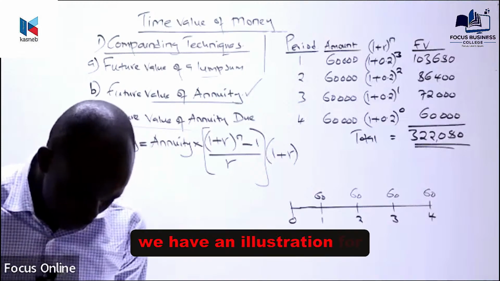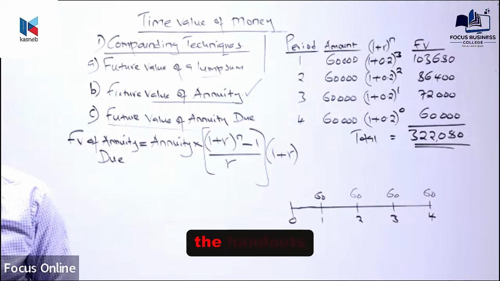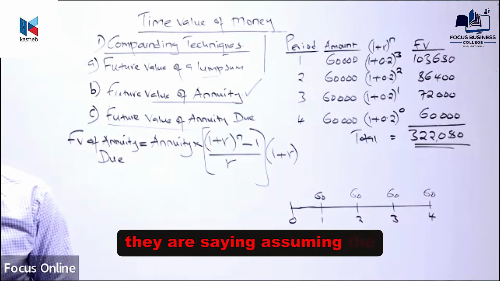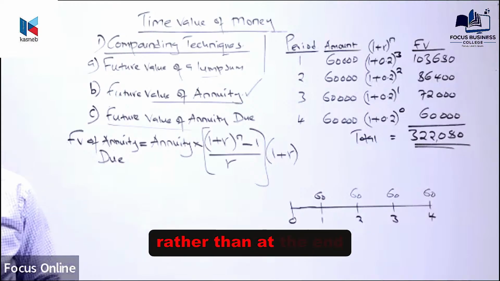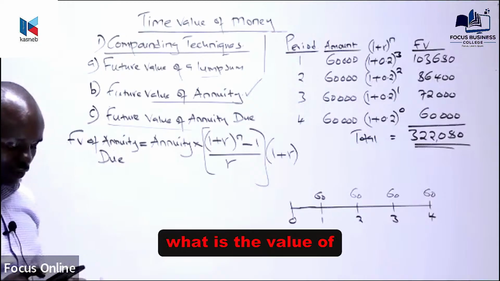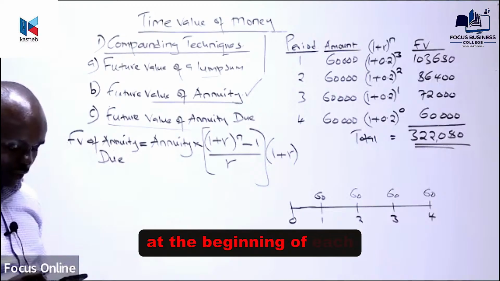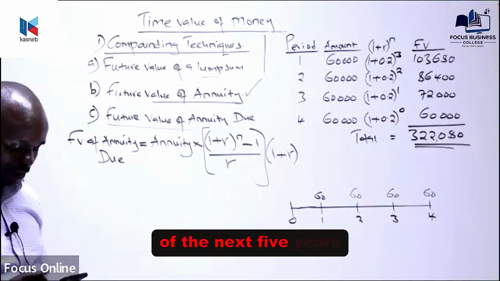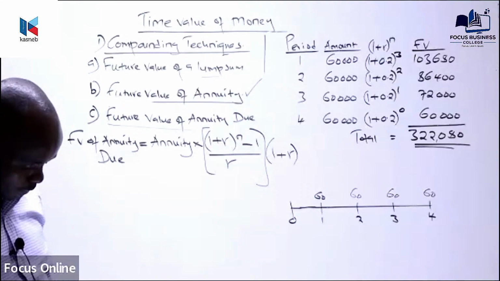If you check in the handout, they are saying, assuming the above example, the investment is made at the beginning of the year rather than at the end. So, example: what is the value of shillings 100,000 invested annually at the beginning of each of the next 5 years at an interest rate of 12%?